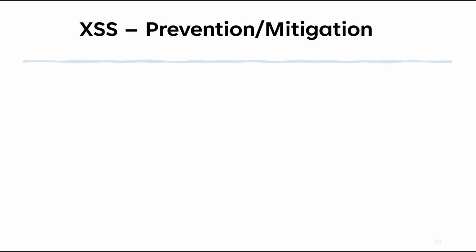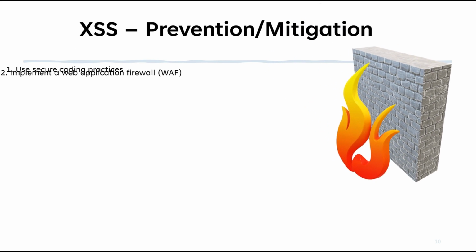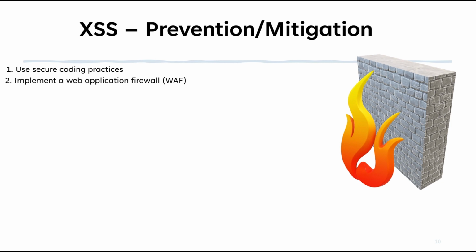Alright, and now prevention and mitigation. We start with using secure coding practices. The next one is implementing a web application firewall. Web application firewalls have different methods to counter attack vectors.